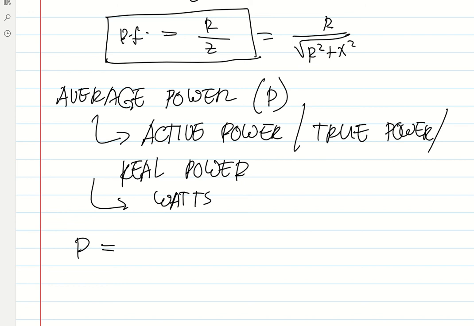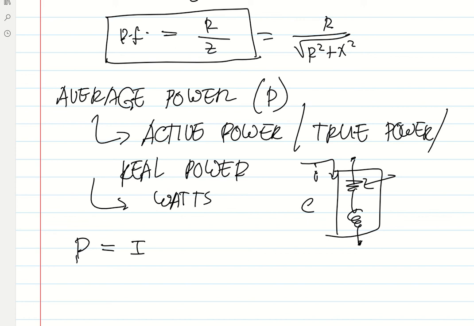So just like what we did in Circuits 1, if you have an impedance here, with a current flowing through it and a voltage across it, then the real power is the power being absorbed by the resistance. If you know the current passing through that, that's just I. You square that and multiply it by R here. And that is the real power being absorbed by the impedance.